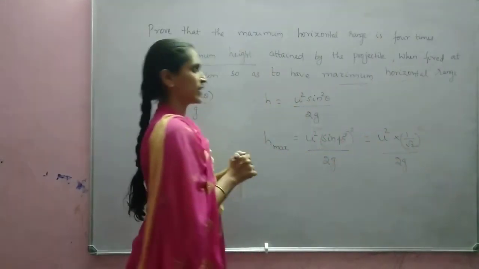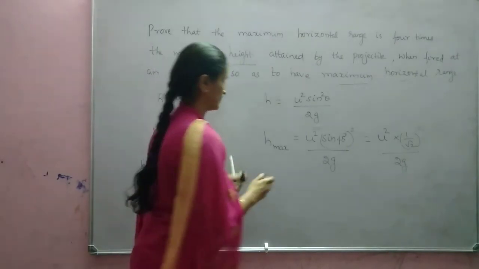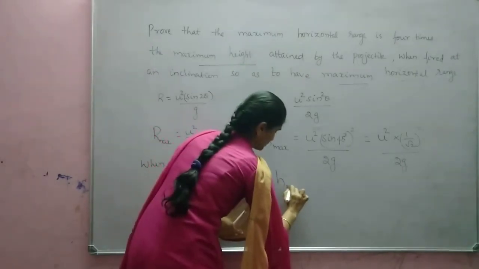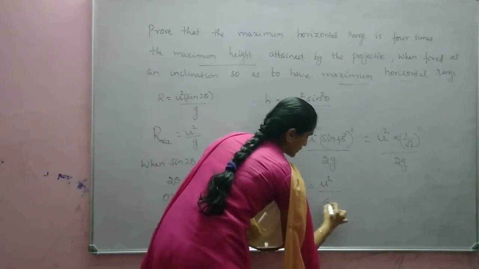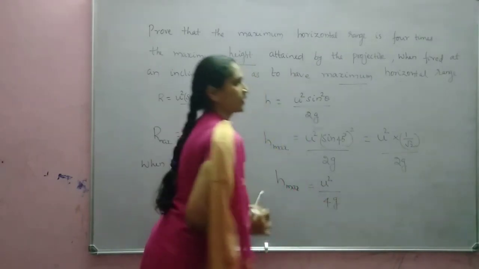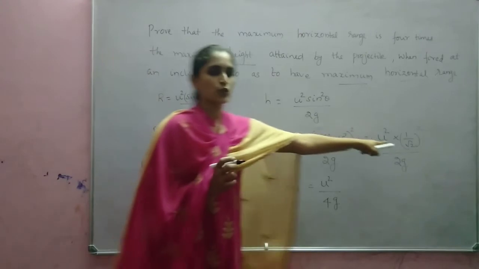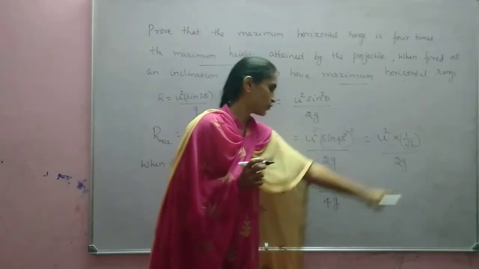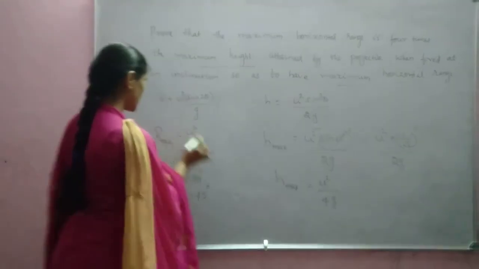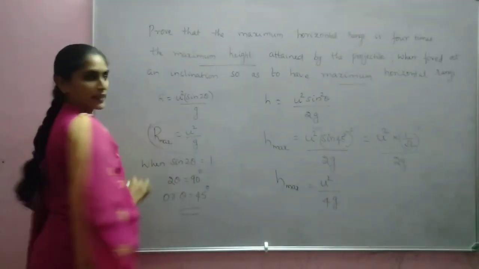So you will get u square by 4g. 1 by root 2 square you can write as 1 by 2, and 1 by 2 into 2 gives 1 by 4. So u square by 4g. And what is u square by g? u square by g is r max.